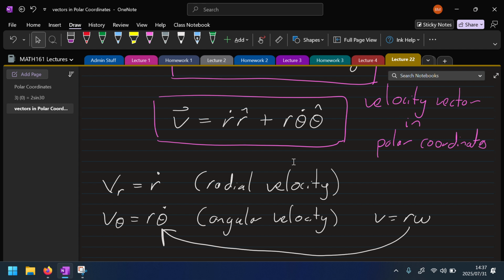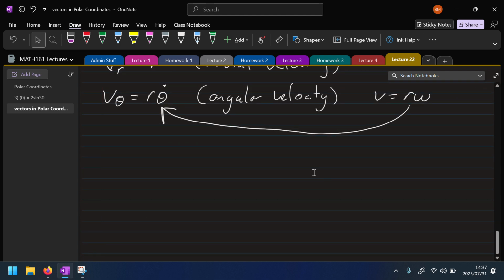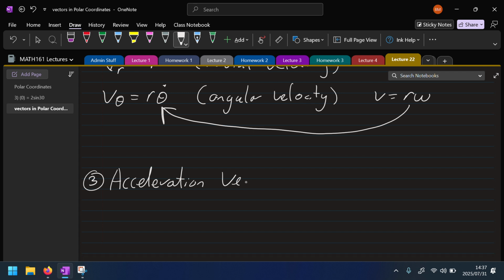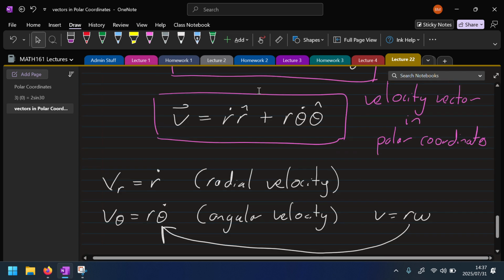Okay, and then finally, the acceleration vector. As we did with the velocity vector, we're going to do the same for the acceleration vector. So acceleration is just the time derivative of velocity, and we know what the velocity vector is.